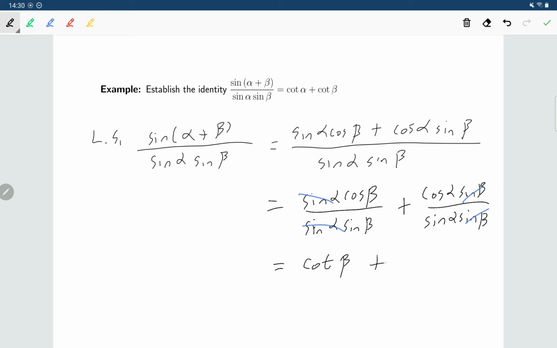And cosine alpha over sine alpha, that is again another cotangent. That's cotangent of alpha. So cotangent beta plus cotangent alpha, or cotangent alpha plus cotangent beta, that's the same thing. That is indeed the right side of my equation. So yes, the identity has been established.